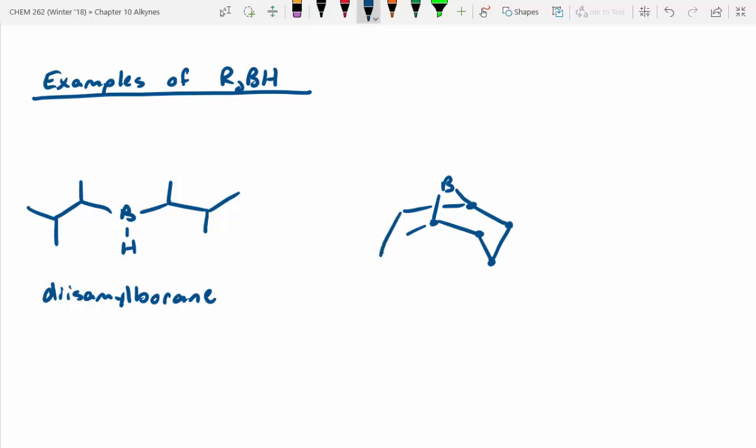So it looks kind of funky, and then the boron's got a hydrogen coming off the top. This is 9-bora-bicyclo, and what would the bridgeheads be?